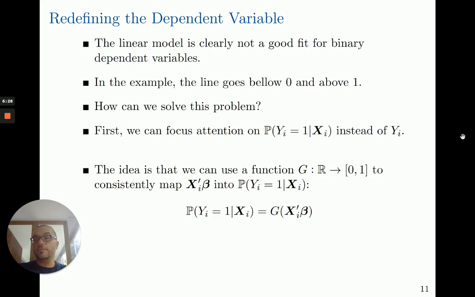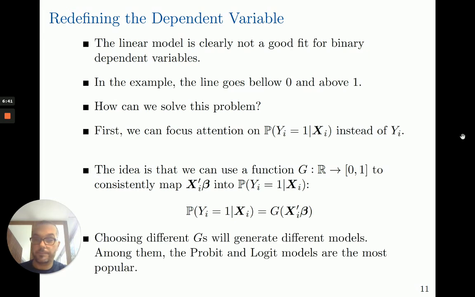So we are going to write that the probability of y being equal to 1 given x is this nonlinear function g of x prime beta. Okay? So choosing different g's will generate different models.